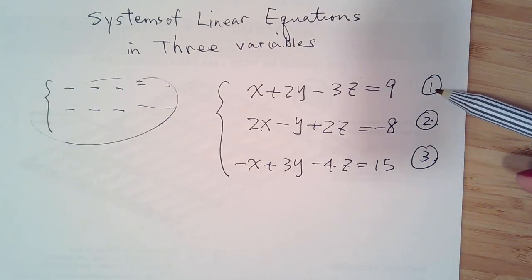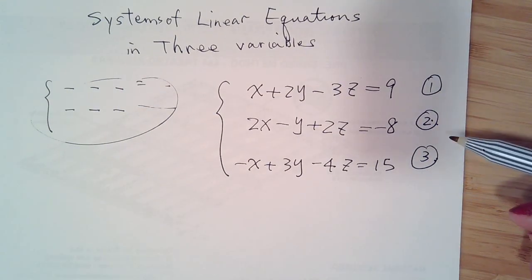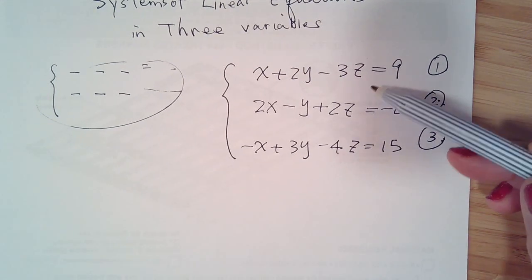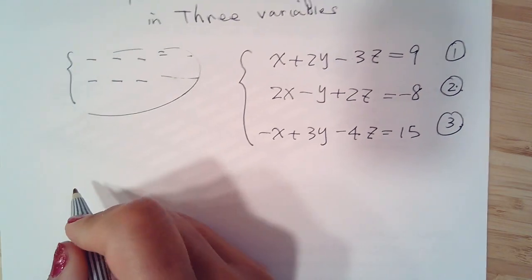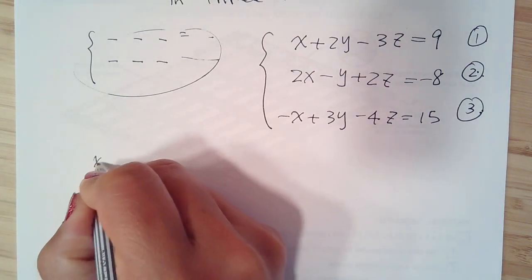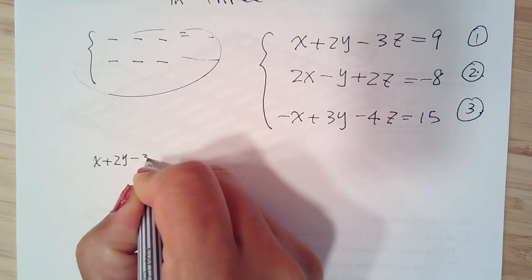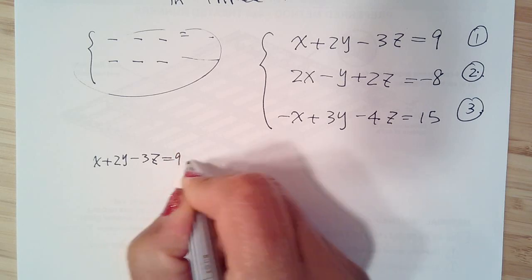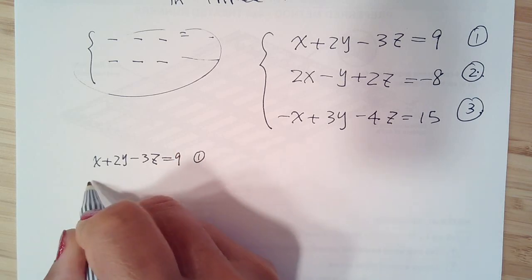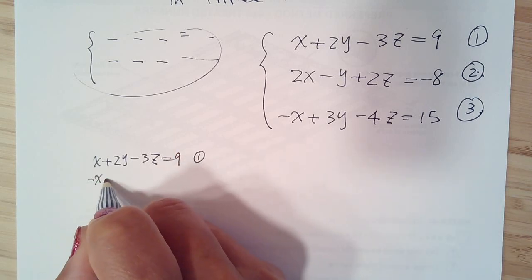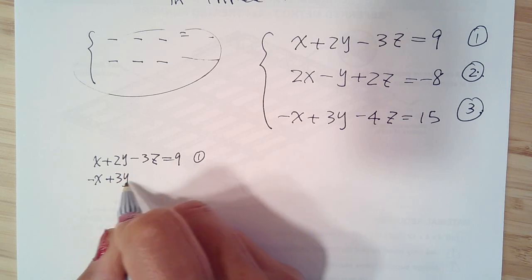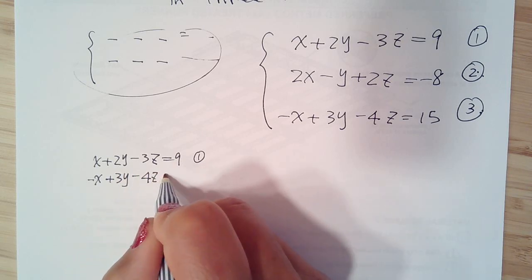Okay, I like to label those equations with some numbers just for me, so I can remember. Now I will add the first and the third. So I will write here: x plus 2y minus 3z equals 9. That's my first. And the third one is negative x plus 3y minus 4z equals 15.